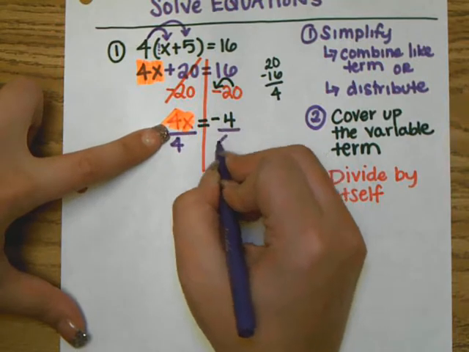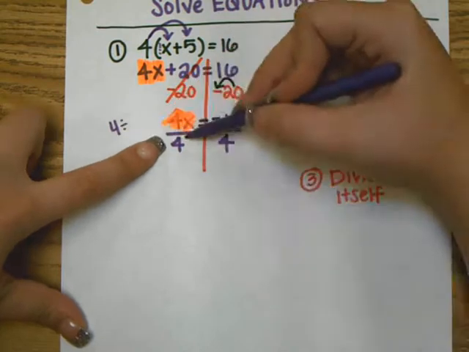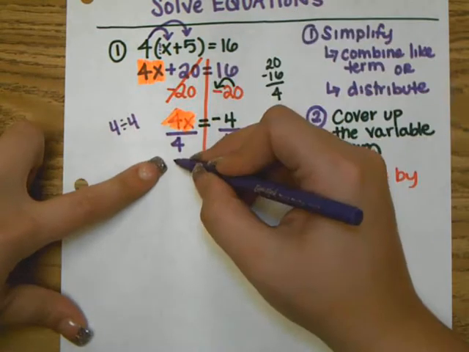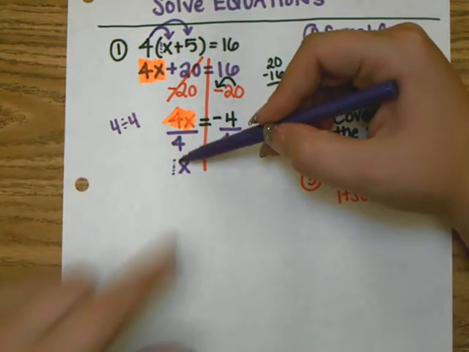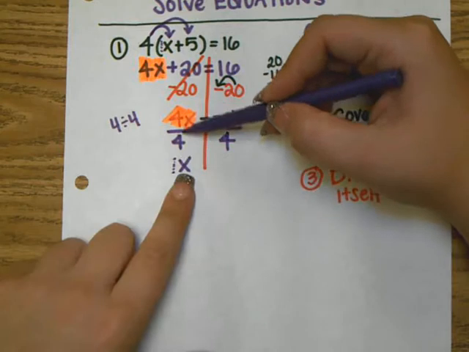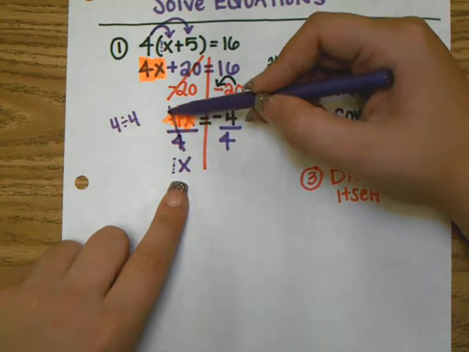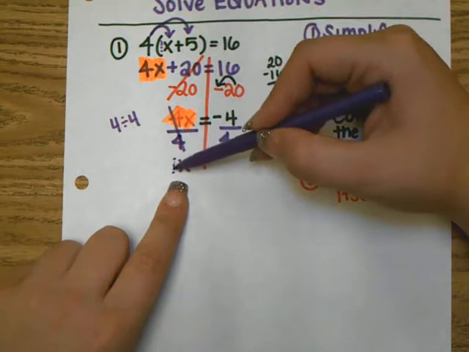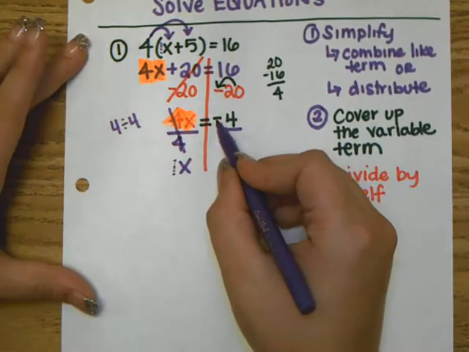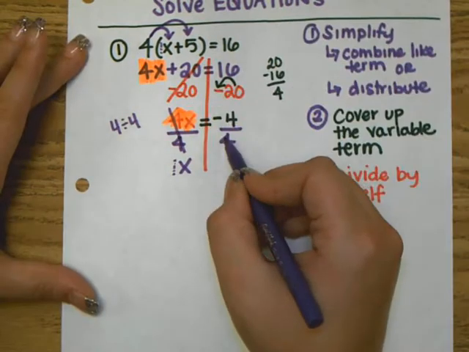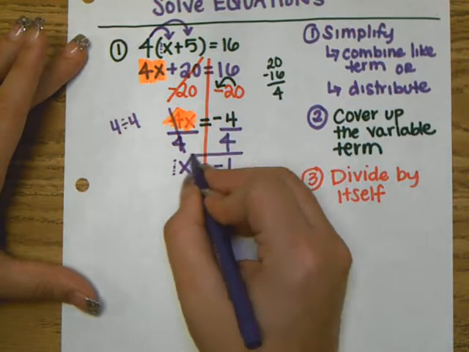Now the reason why we're dividing by 4 to both sides is because 4 divided by 4 is 1x. We want x by itself. So we divide by 4, so these cancel out and make 1. And the reason why I'm crossing this out is because you don't need to put a 1 next to an x. It's implied. So then here we have a negative 4 divided by 4, which is negative 1.